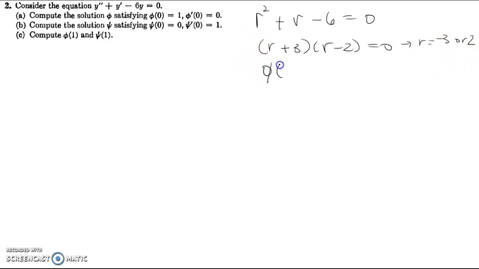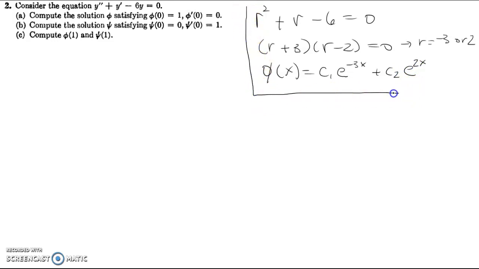So phi of x equals c1 e to the power of negative 3x plus c2 e to the power of positive 2x. We're going to use this for all of our following parts A, B, and C.